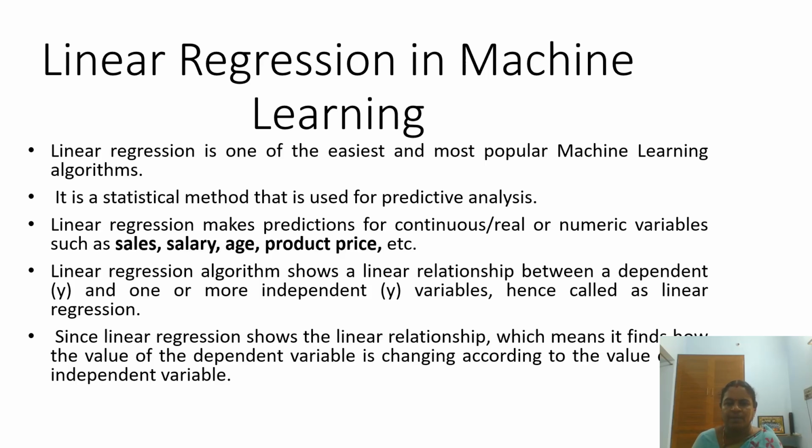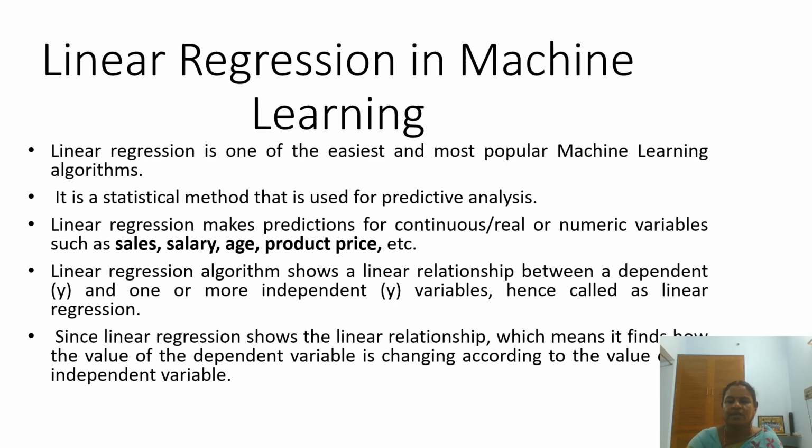Linear regression makes predictions for continuous, real or numeric variables such as sales, salary, age, product price, etc. The linear regression algorithm shows the linear relationship between a dependent variable and one or more independent variables, and hence is called linear regression.